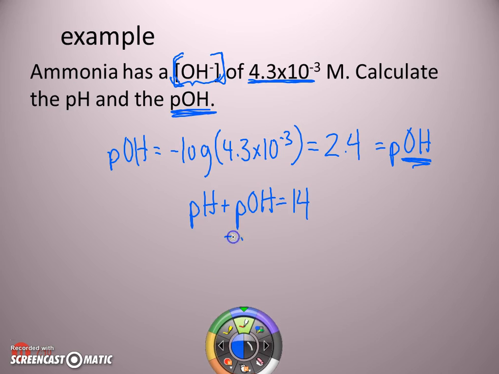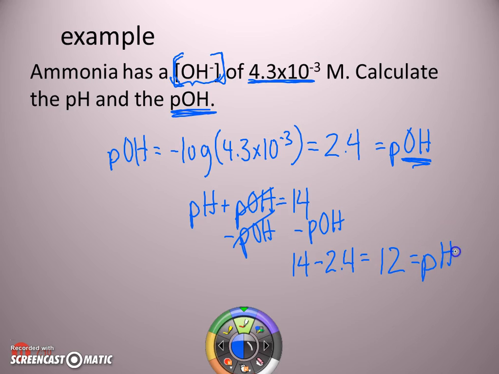You can subtract the pOH from both sides so that you're left with pH. So 14 minus what you found your pOH to be, 2.4. 14 minus 2.4 is 11.6. We can round that to 12. So 12 is going to be our pH.